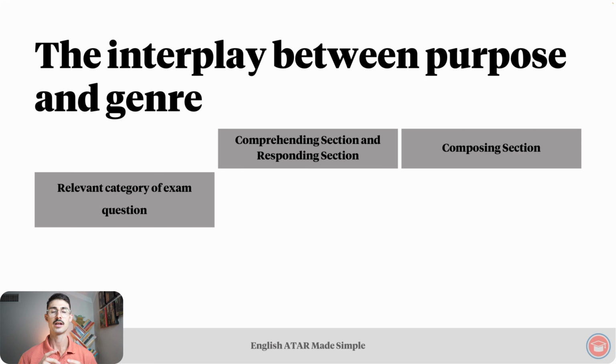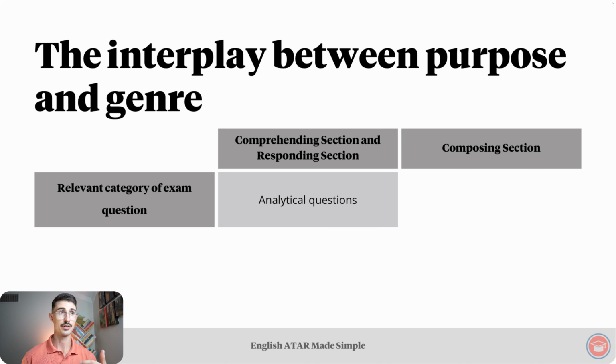Let's save some time. A quick reminder of how those text types manifest in English exams. The first text type that we saw on the previous slide was analytical texts, and analytical texts appear in the comprehending section and responding section of the exam, and we know that we refer to those as analytical questions.